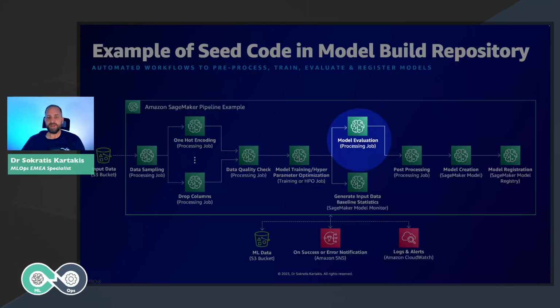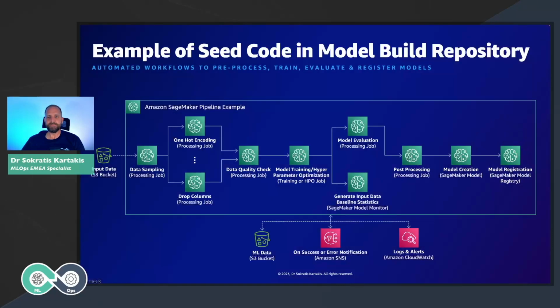Then we can have evaluation of the models to run some inference and to see if the model can generalize, or we can also generate some baseline statistics that we will see later on that will be very useful for the monitoring process. And we can do some post-processing, like converting the probabilities to something meaningful, and we can create a model and send this model to the model registry.